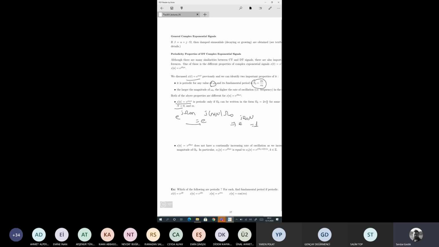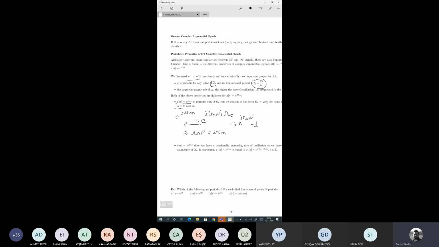So what does this imply? It implies that omega 0 N is equal to 2 pi times m.